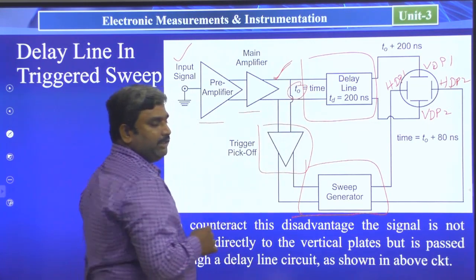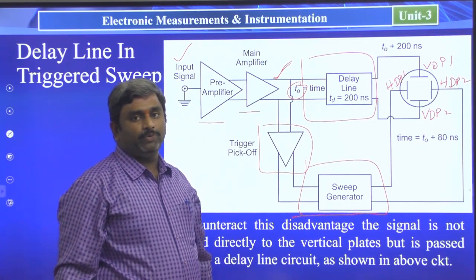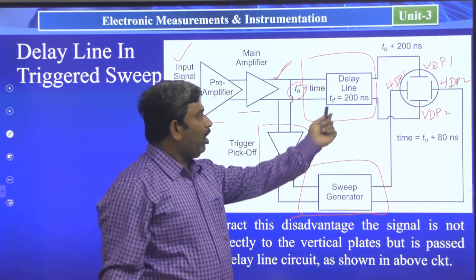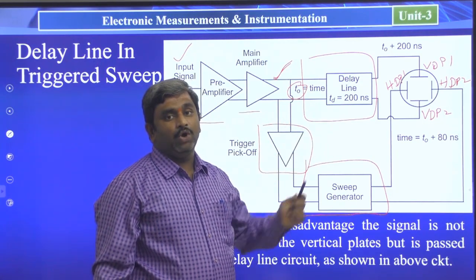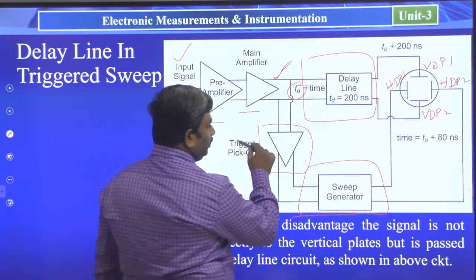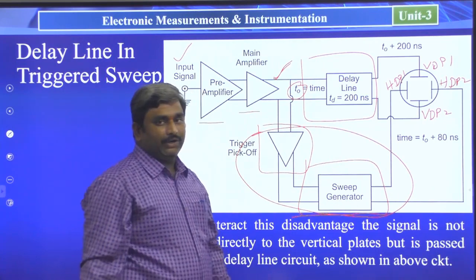I am considering the time at the vertical amplifier output as T0. So here I am providing a delay of 200 nanoseconds, which is equal to the time the sweep generator and triggering circuit will take to process.